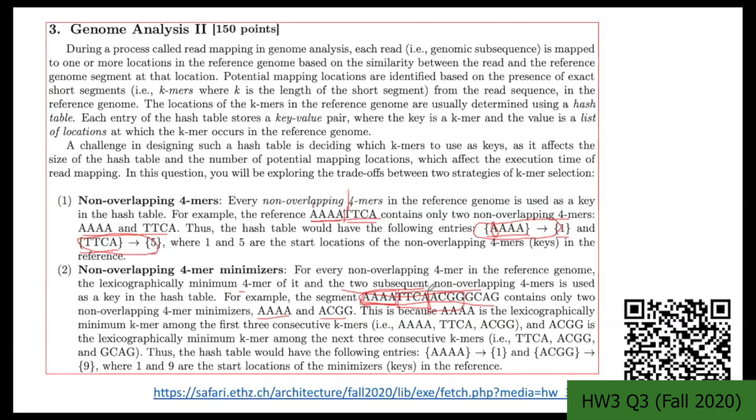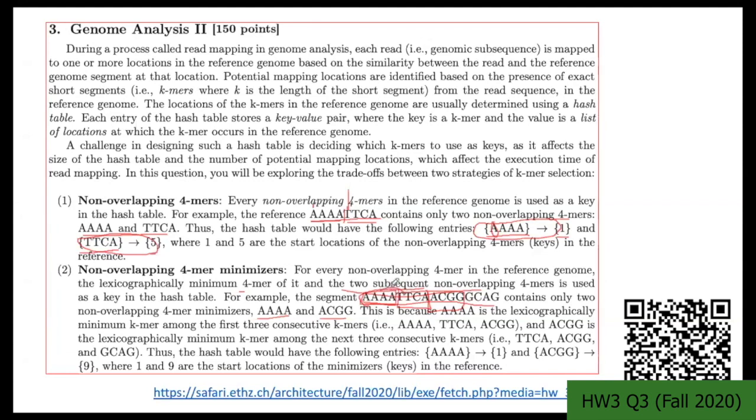Now in minimizers, we need to sort them, and then we pick only the lexicographically minimum out of these 3 seeds. What is the lexicographically minimum? Apparently, when we compare the first to the second, the first one is minimum.